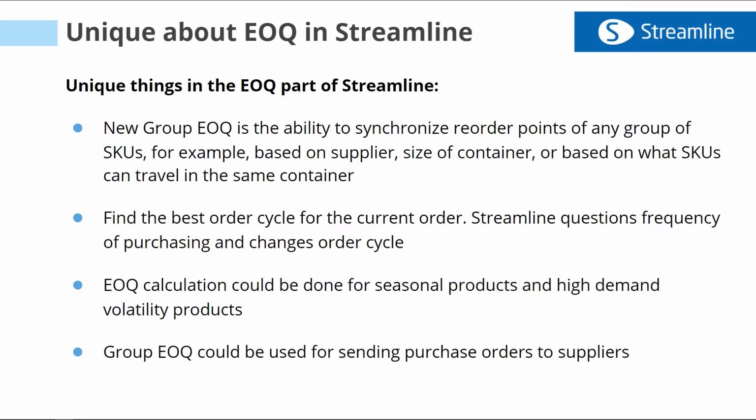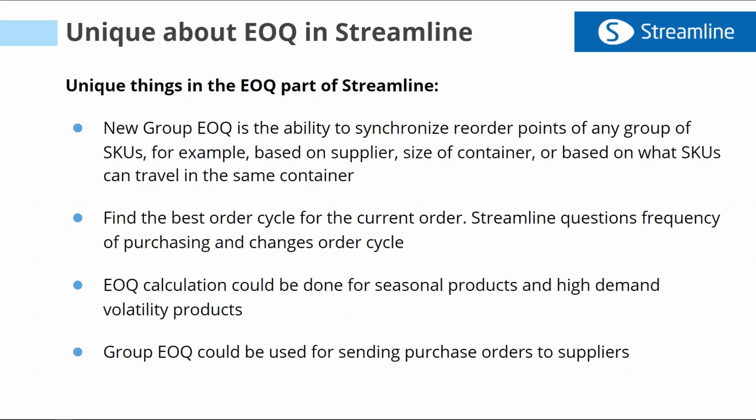In Streamline, all the reorder points are synchronized, and reorder points happen at the time when you have your next planned purchase. So Streamline synchronizes reorder signals across all items that we purchase from one supplier, or synchronizes items across suppliers. And that was the first step toward EOQ, group EOQ optimization.